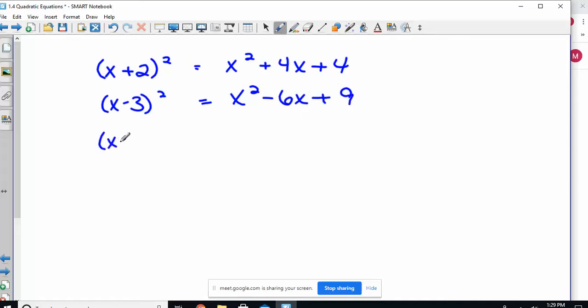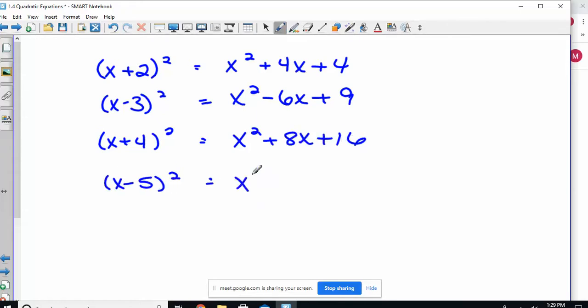If I said x plus 4 squared, x minus 5 squared. If you look at these, can you tell any relationship between like the 25 and the 10, or the 16 and the 8? How are those things related?